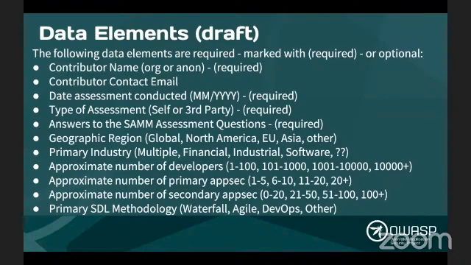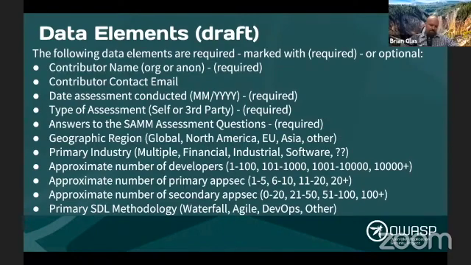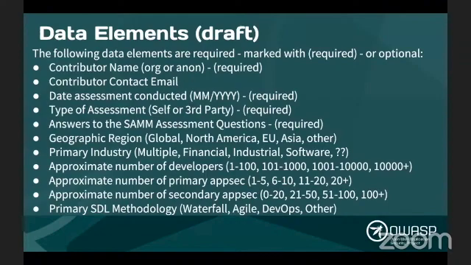I think it would be definitely an interesting data point to add to this part of the data elements. Okay. It's a little bit of the granularity of the assessment that adds to the value of how to compare your assessment with other assessments. Absolutely.